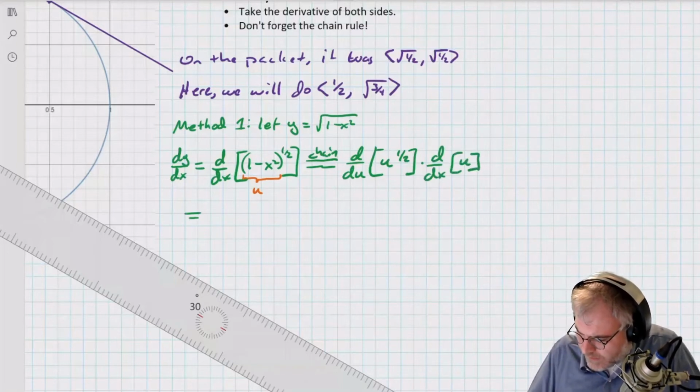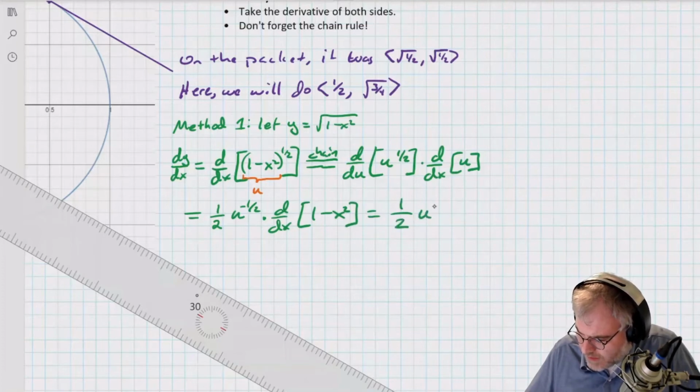And that equals, let's see, this is going to be 1/2 u to the -1/2 times the derivative d over dx of 1 minus x squared, which is going to equal 1/2 u to the -1/2 times... The derivative of this is going to be 0 minus 2x.